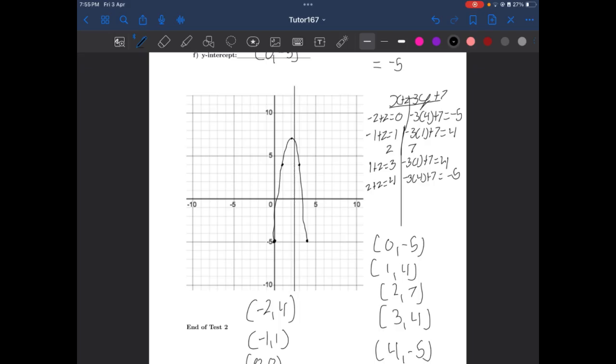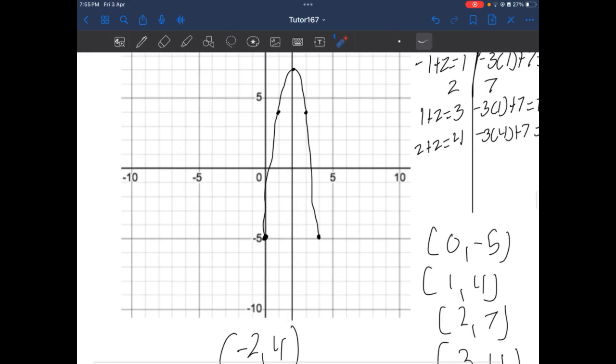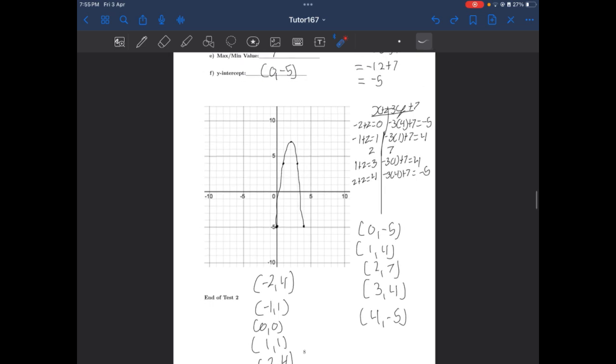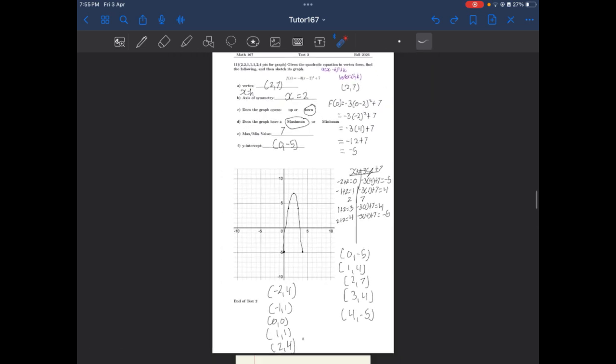The axis of symmetry is the line where it actually reflects. So if you were to divide it in half by this line, it would be the same thing, right? And if you see, it kind of technically is, because it's directly in the middle of the vertex. And then this one, and this one, you see, it's an even distance between the points. So that is the axis of symmetry. And that is the paper.